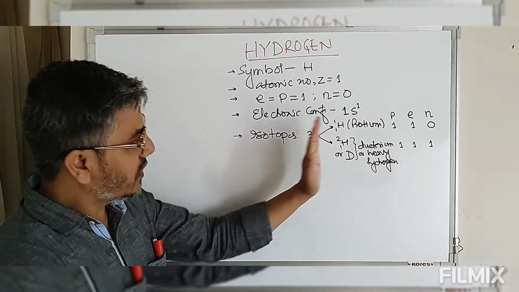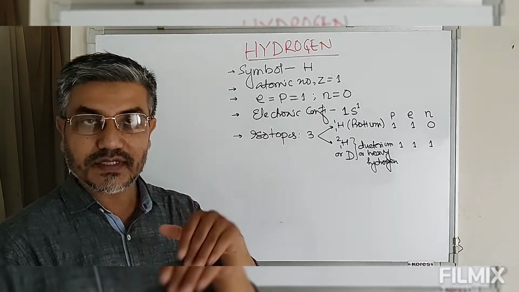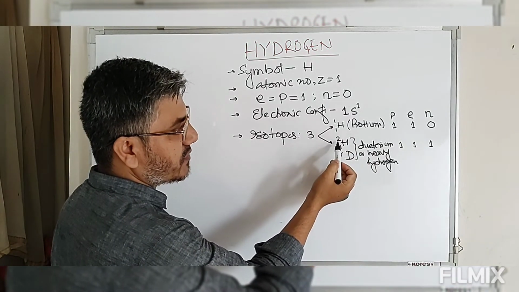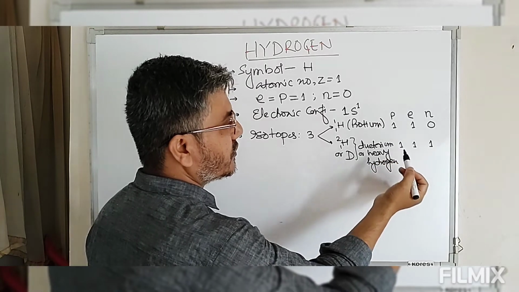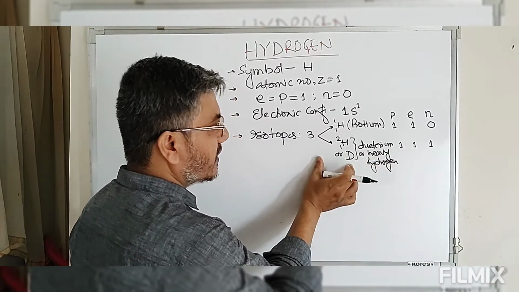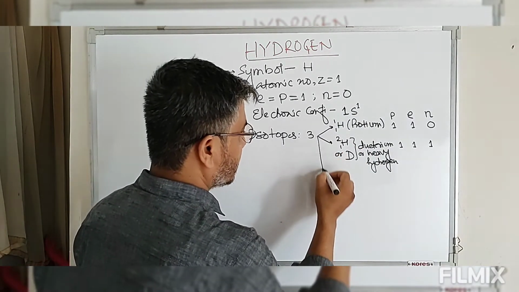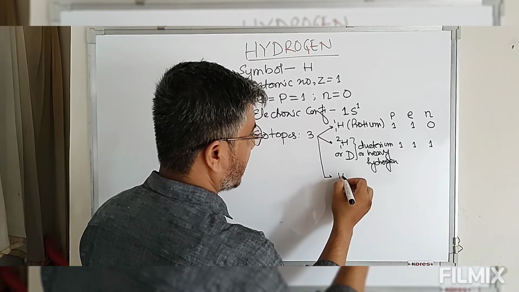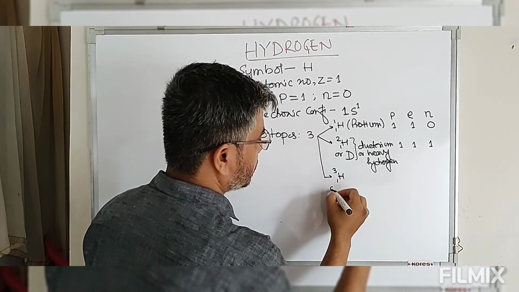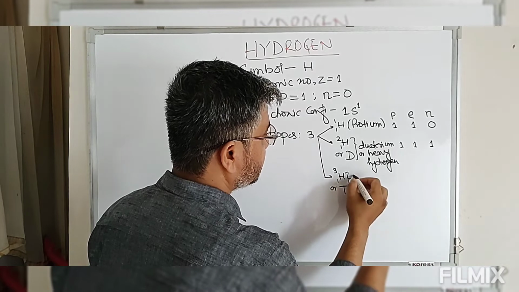So isotope means having the same atomic number but different mass number. The mass number is 1 in case of protium, and in case of deuterium the mass number is 2. So the number of neutrons is 1 and the number of protons is 1 in case of the heavy isotope known as deuterium. The third isotope is hydrogen with atomic number 1 and mass number 3, which is also written as capital T, that is known as tritium.